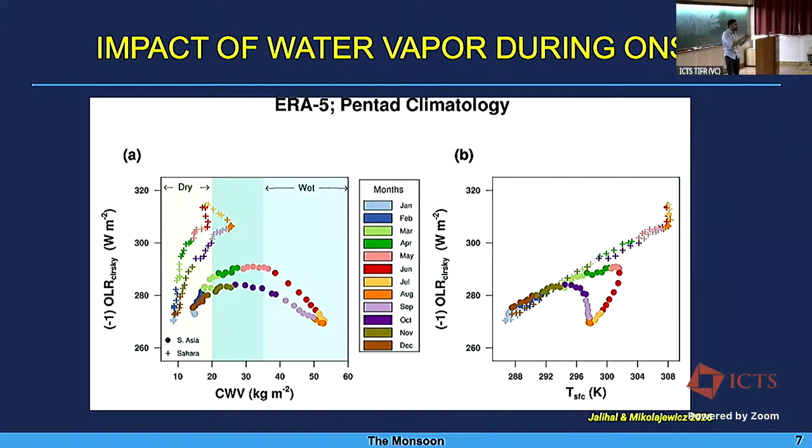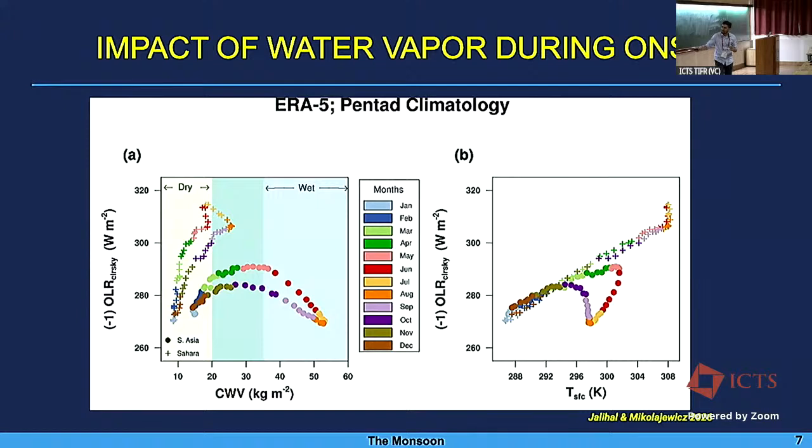So during the non-monsoon months when enough moisture is not present over South Asia, OLR clear sky is a linear function of surface temperature. When there is enough moisture, something happens. So let us look at the impact of water vapor on OLR clear sky.